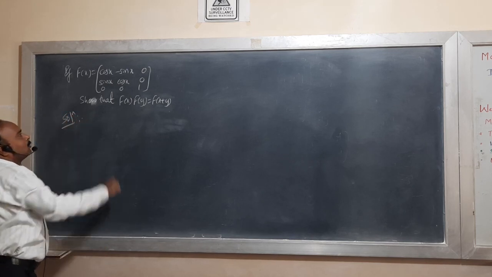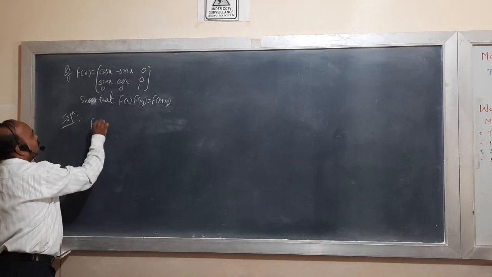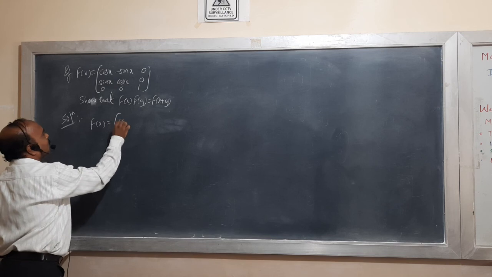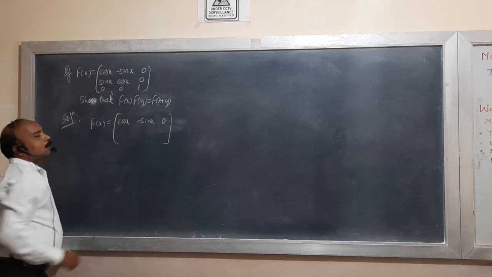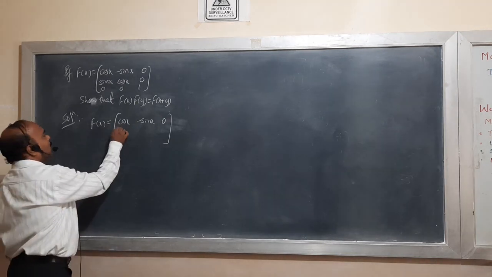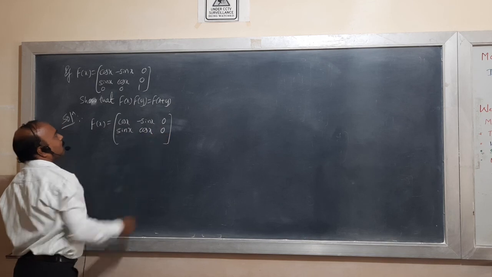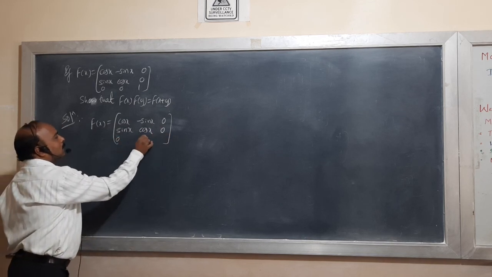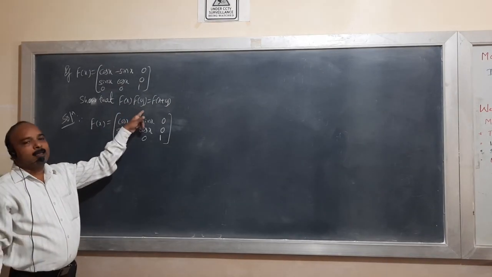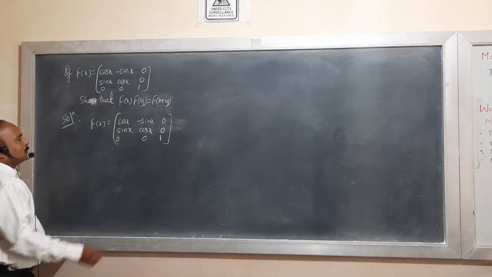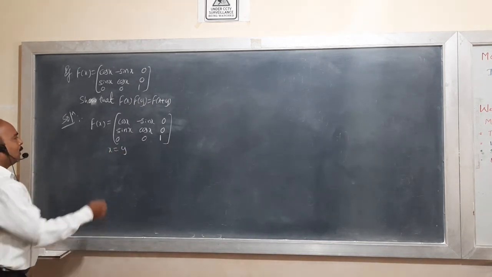First, it is already given that f of x is cos x, minus sin x, 0. Second row is sin x, cos x, 0. Third row is 0, 0, 1. Now in this we want f of y.